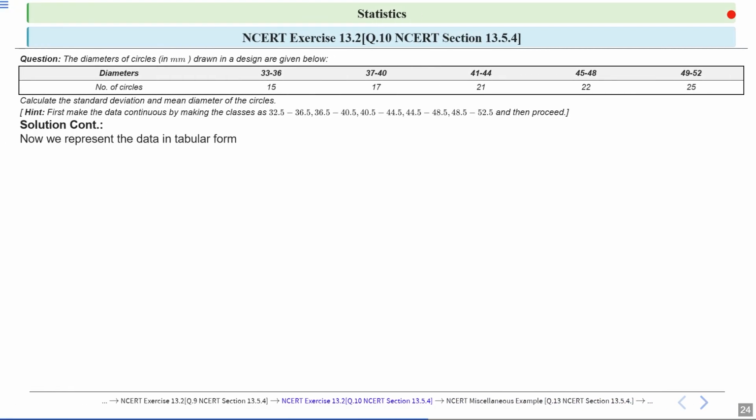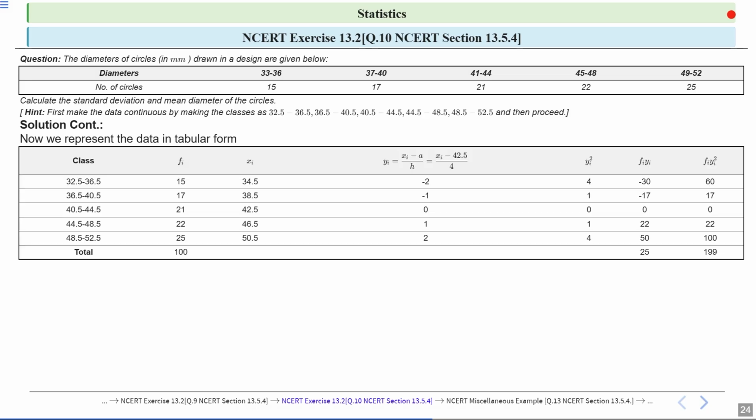Now let's represent the data in a table. The table will help us organize all the values we need for our calculations. So here is the completed table.